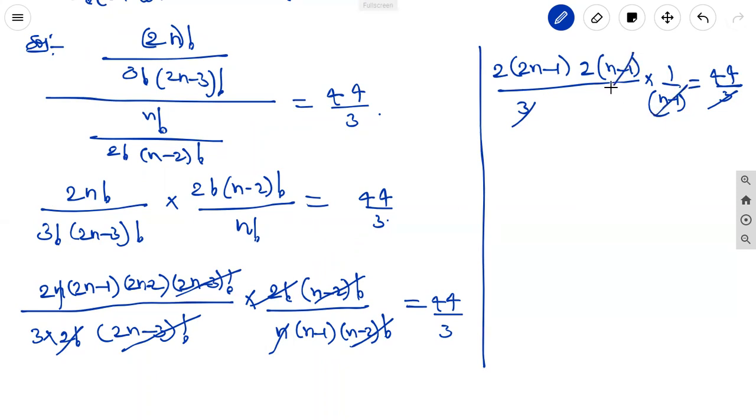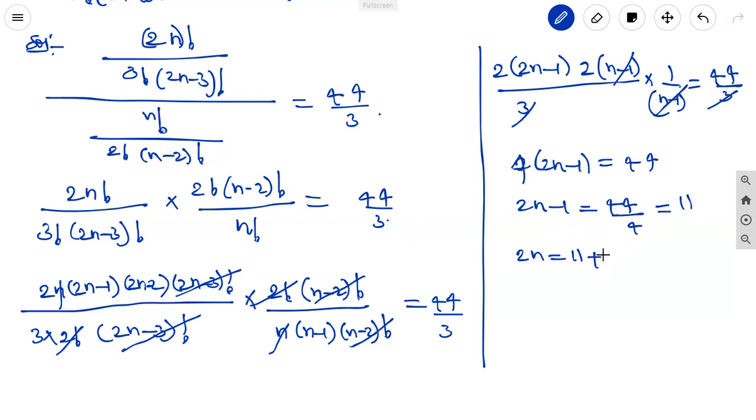Here n minus 1, n minus 1 get cancelled. 2 2s are 4 into 2n minus 1 is equal to 44. 2n minus 1 equal to 44 by 4. Divide, 11. 2n equals 11 plus 1, taking minus 1 to the right side it becomes plus 1, that is 12. n equals 12 by 2, which is equal to 6. Therefore, n equals 6 is the answer.